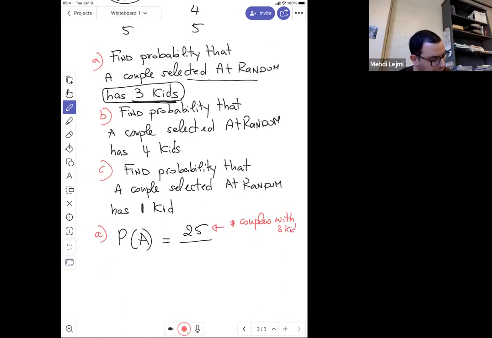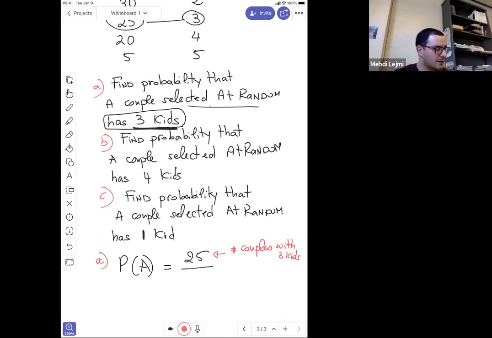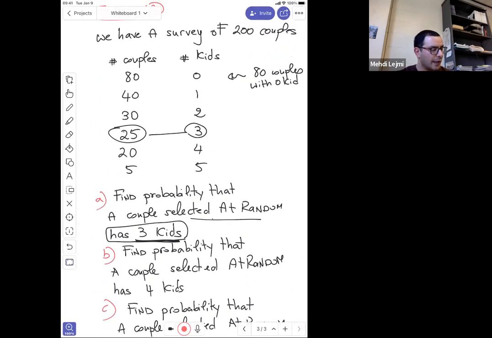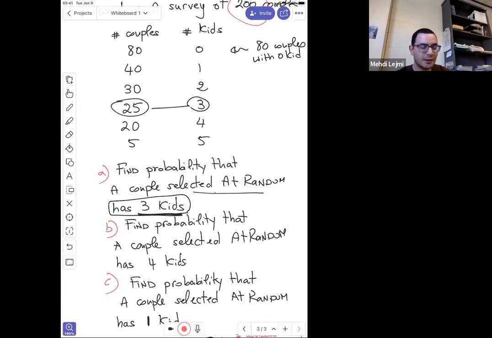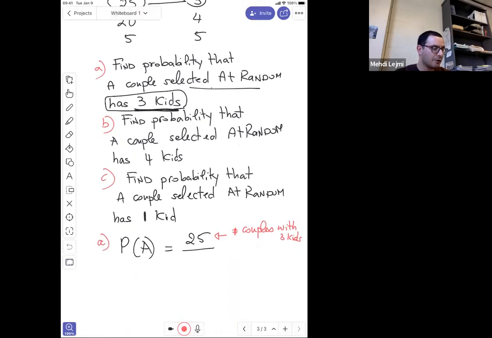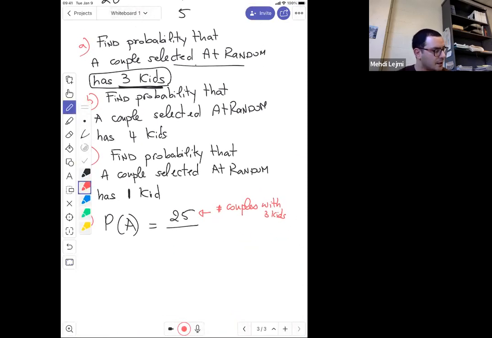Now, 25 out of how many couples? The total size of the sample is 200 couples. So it's 25 couples out of 200 couples, and we need to divide by 200.